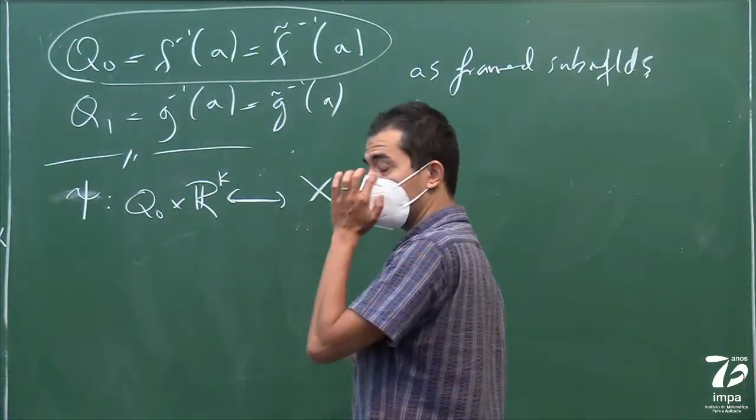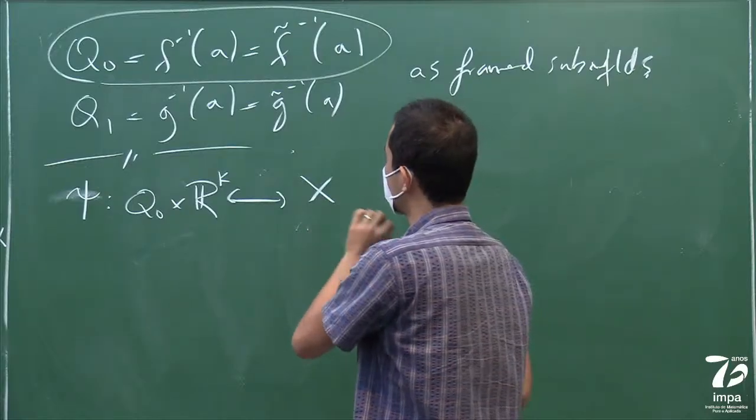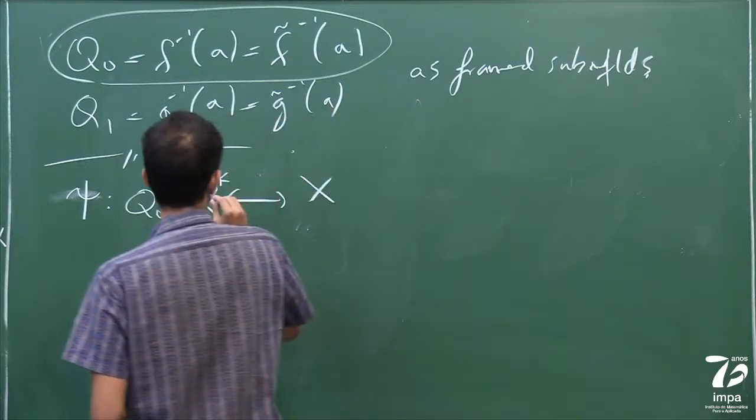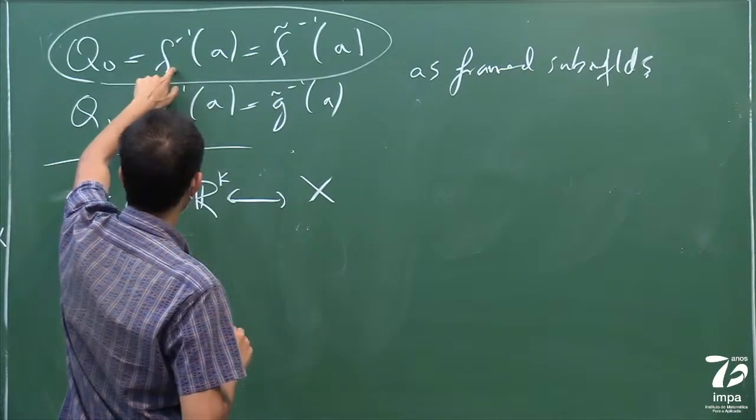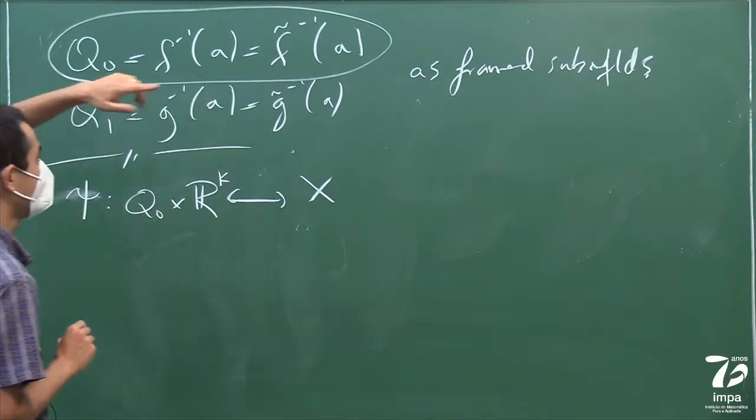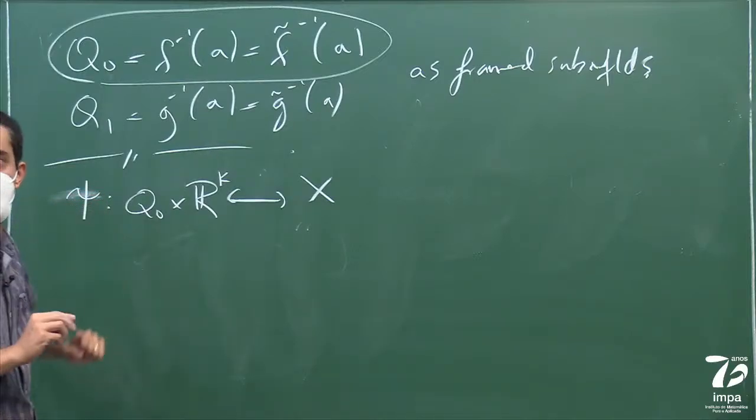So now I have the same Q0 and I have this embedding, and remember how F was defined. No, sorry, you don't know how F was defined, but you know how F tilde was defined.